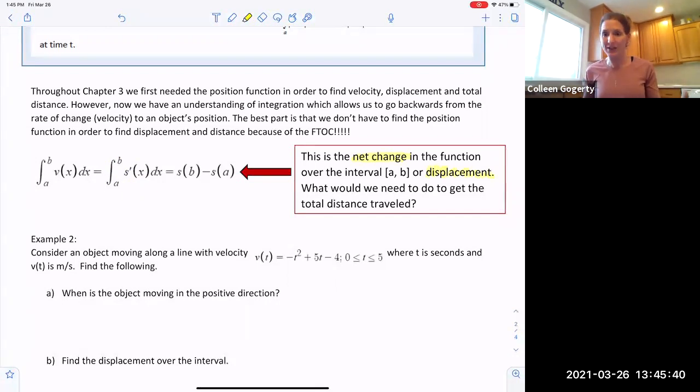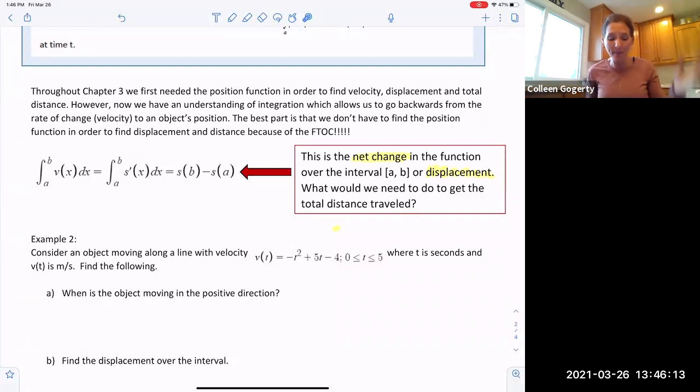Now, why is this displacement? I want you to think about this logically for a second. If I got up and took 5 steps forward and 4 steps back, what's my net change from where I started to where I ended? 5 steps forward, 4 steps back, I'm only 1 step forward compared to where I was before. So my net change is 1 step forward. If I was asking about total distance, on the other hand, if I walk 5 steps forward and 4 steps back, my total distance is 9.